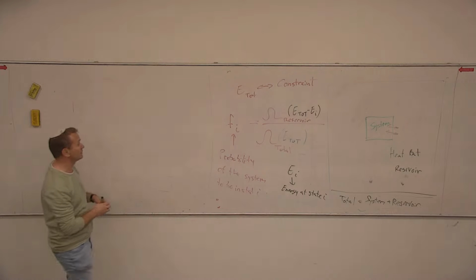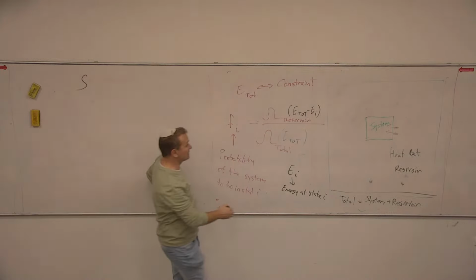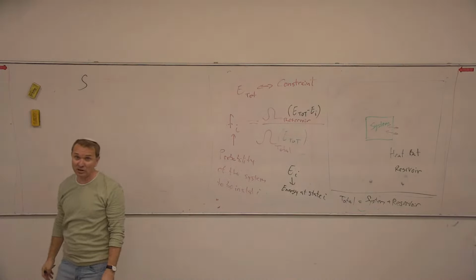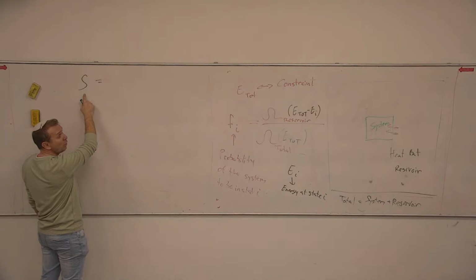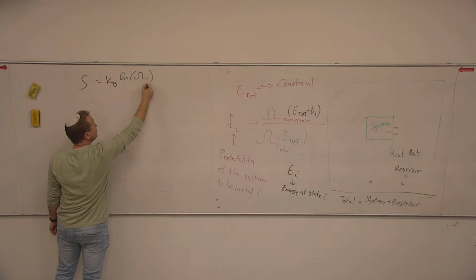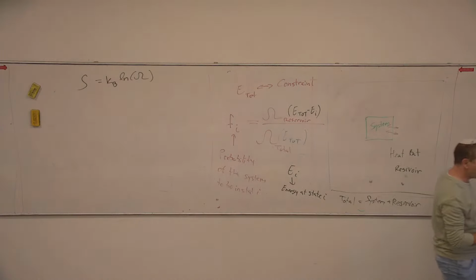I have to do something else. So what do I actually do? Well, because all of this is described by the microcanonical ensemble, I can use this description of the entropy. This still works. Why does it work? Because I started with the microcanonical ensemble, and that's fine.